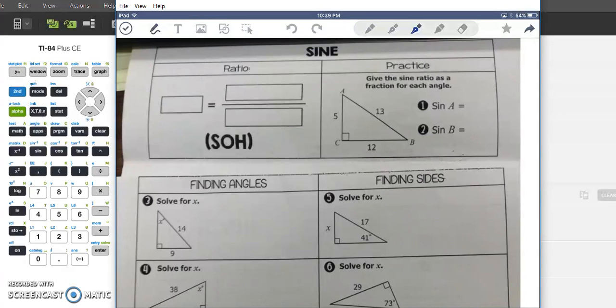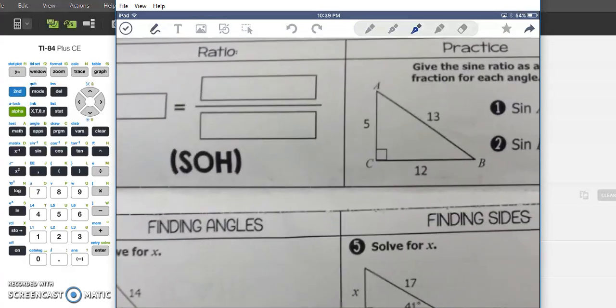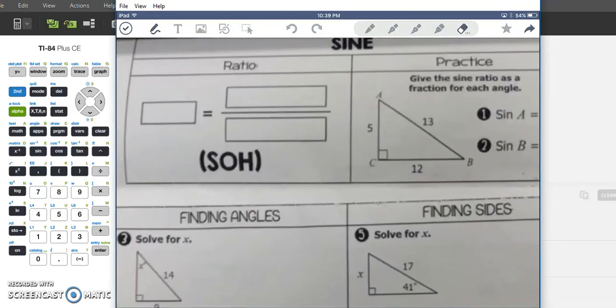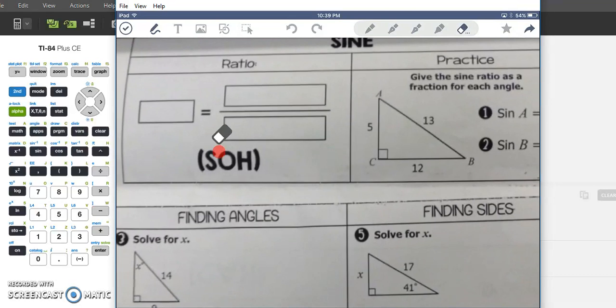Okay, so we have sine is equal to opposite over hypotenuse.